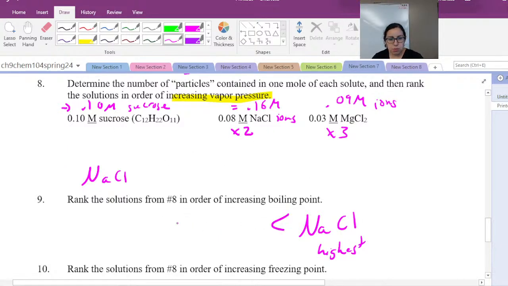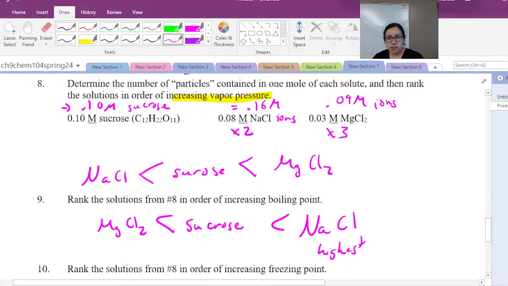Sucrose would be in the middle, since it is in the middle molarity-wise. And then magnesium chloride is at the end. Vapor pressure would be the opposite, so sucrose in the middle. Magnesium chloride still has the highest vapor pressure since it has the lowest amount of ions.